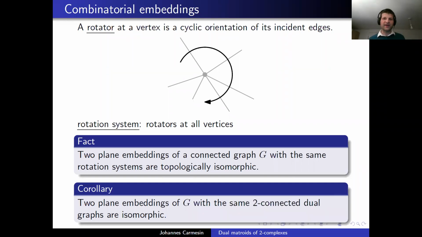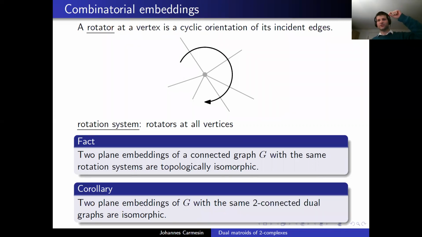And then a nice consequence of this is that if you have 2 plane embeddings and they have the same 2-connected dual graph, then these 2 embeddings are isomorphic. So why is this? Because if I have a 2-connected graph embedded in the plane, then all the face boundaries are really cycles and not something more crazy.